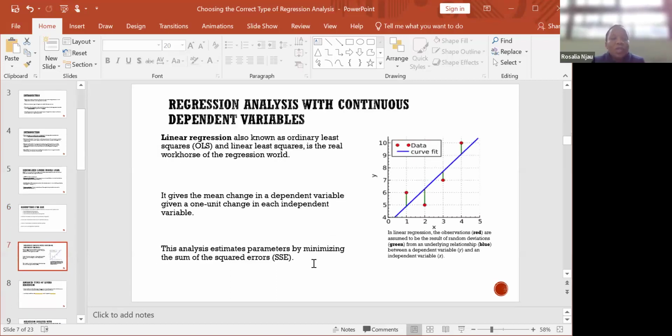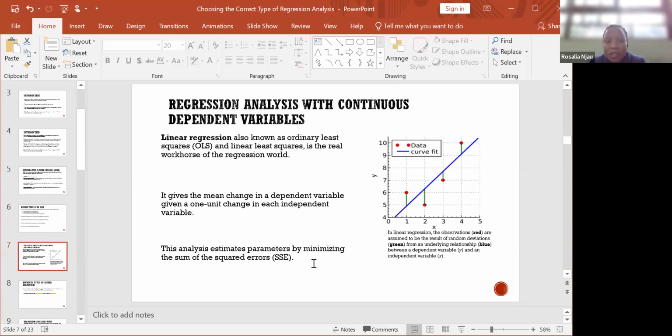Going into the first model that I said, the ones that have a continuous dependent variable: the linear regression model. This uses ordinary least squares and linear least squares.